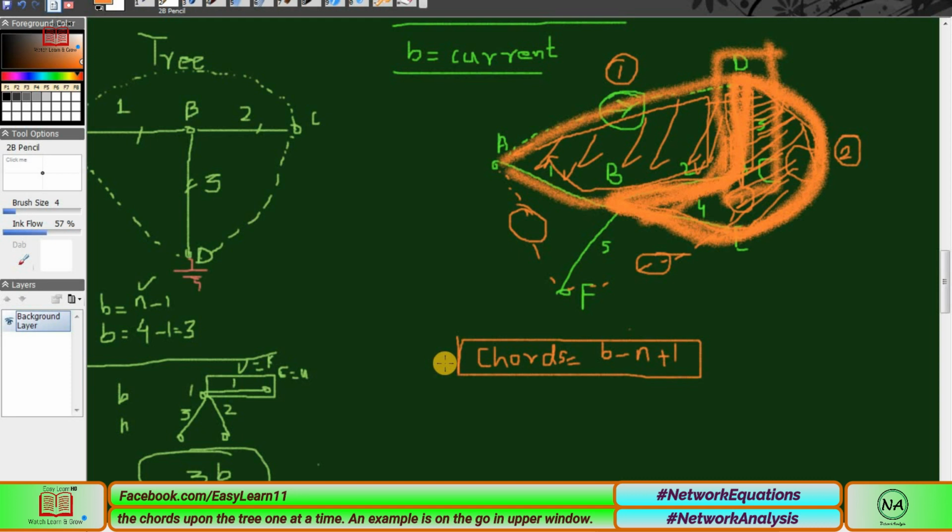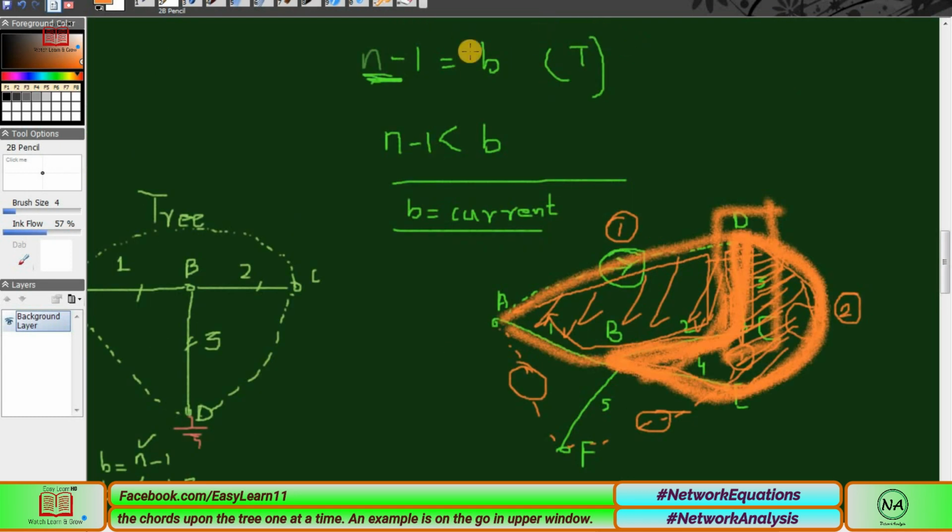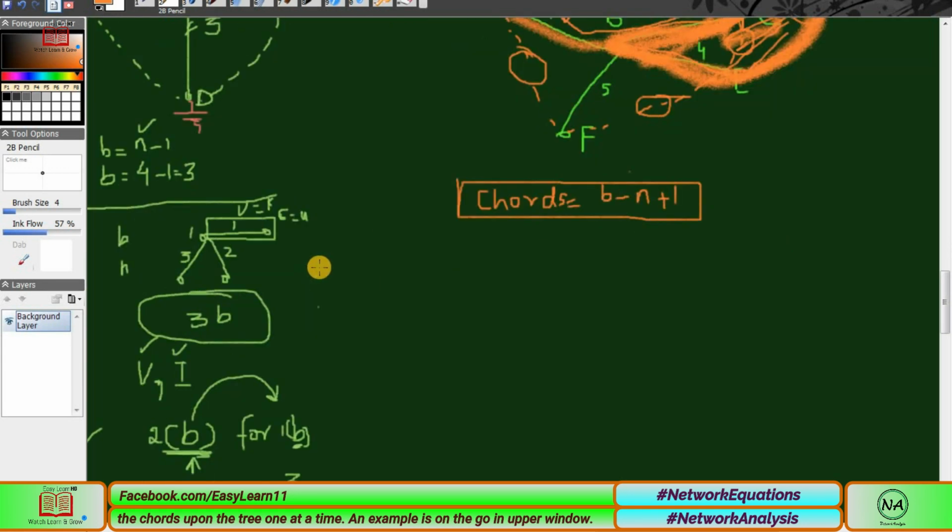Also note that this number is always less than b, because there are always fewer nodes than branches. We already discussed in detail that n minus 1 is always less than b, because n minus 1 is the branches of the tree while b is the branches of the graph. So this is the way.